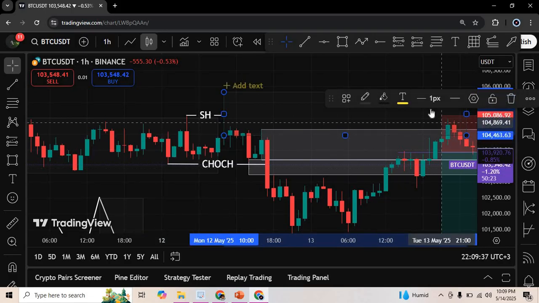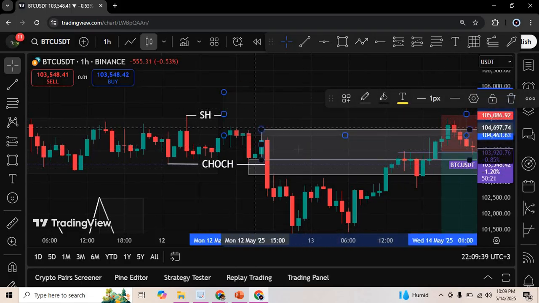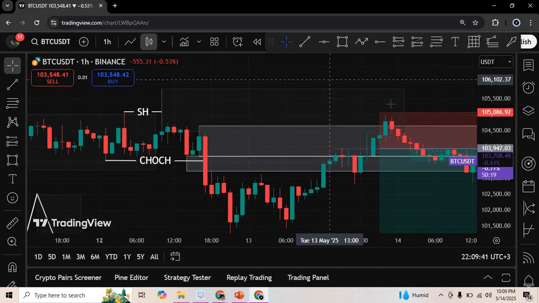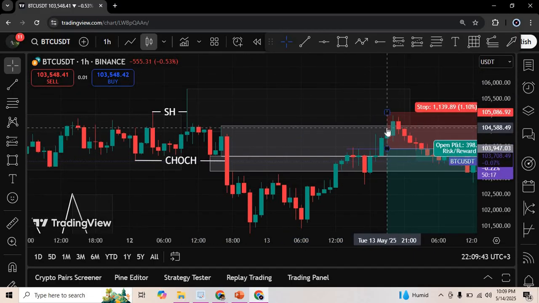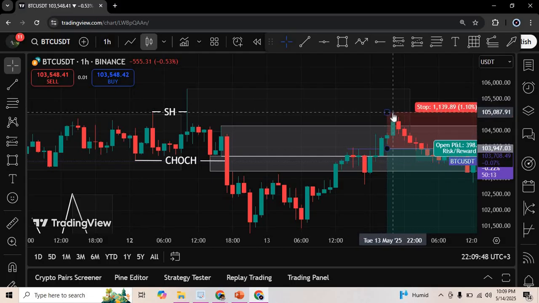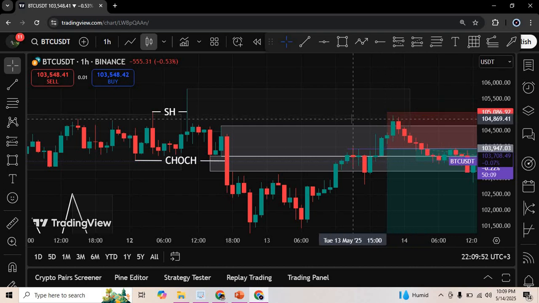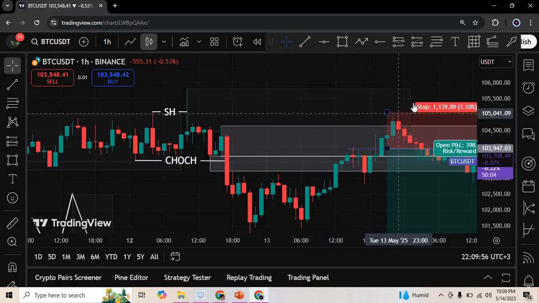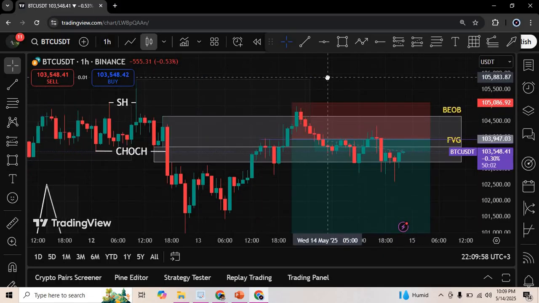Perfect. And if I extend my rectangle like that, you can see it was actually coming to mitigate that wick at that juncture. So that is what we call a Quasimodo pattern or Quasimodo level.